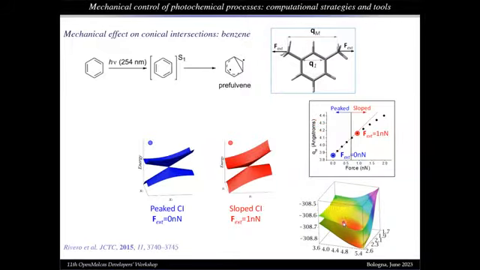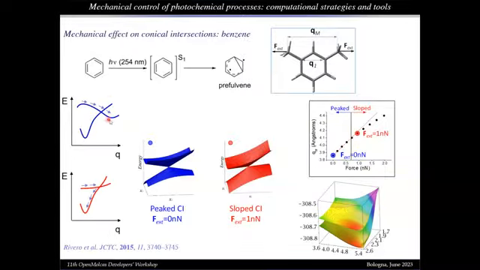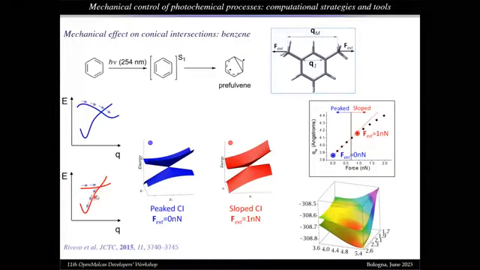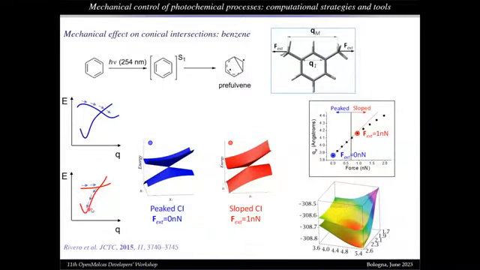Here are the S0 and S1 surfaces for this system, and we can see that not only the topography of the conical intersection is affected, but also there is a minimum for zero force that disappears as we apply the force. So we go from this situation with zero force, which is related to the photoreactivity of the system, to this tilted, sloped conical intersection, which is related to photostability.